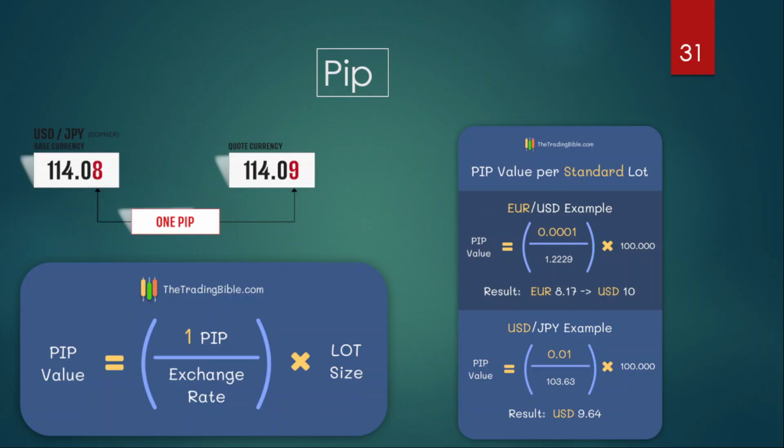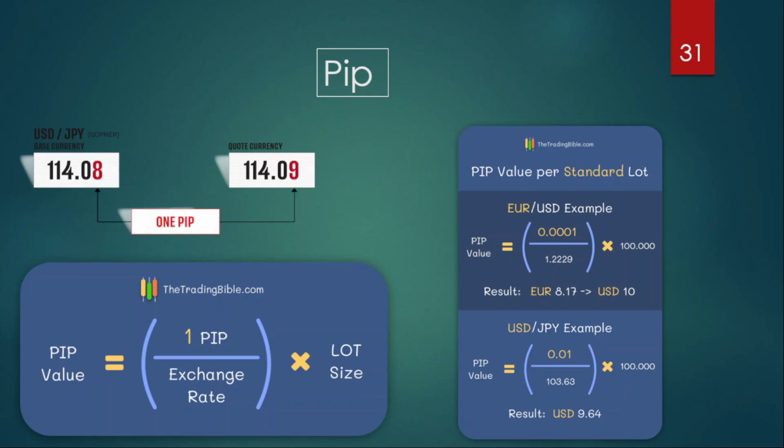If you are going to use a lot size of 1, what will be the value of 1 pip? If the price moves 1 pip with you having made the buy or sell using one standard lot, what would be the value of that pip?